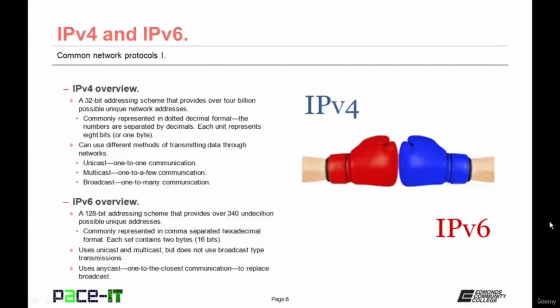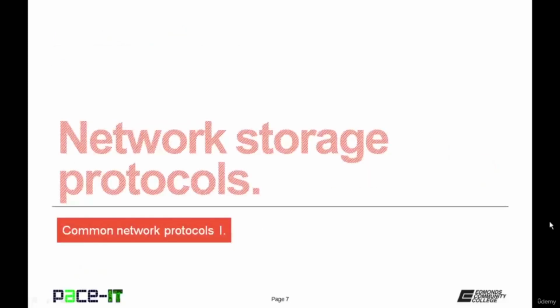Like IPv4, IPv6 uses unicast and multicast transmissions, but it does not use a broadcast type transmission. It does use anycast transmission, which is one to the closest communications, as one of its means of replacing the broadcast transmission. With that done, let's move on to network storage protocols.